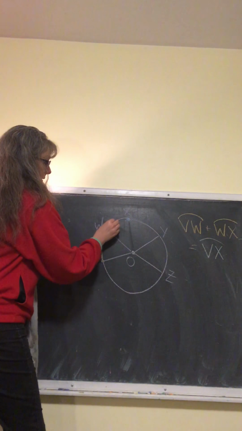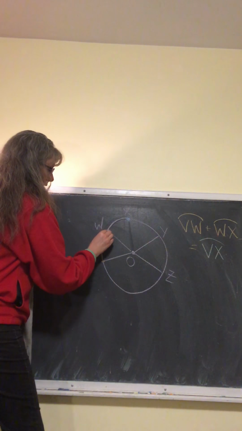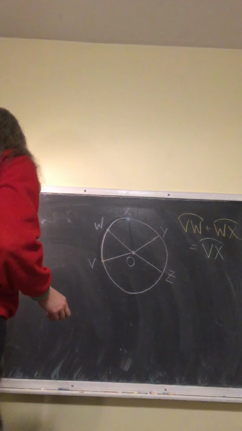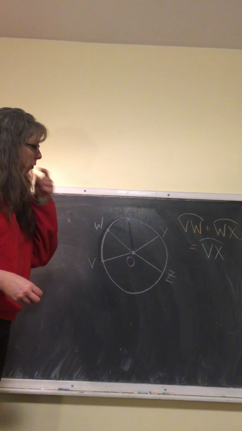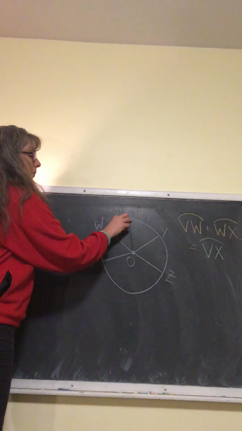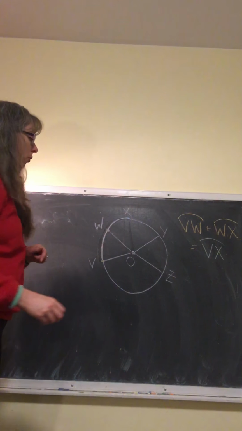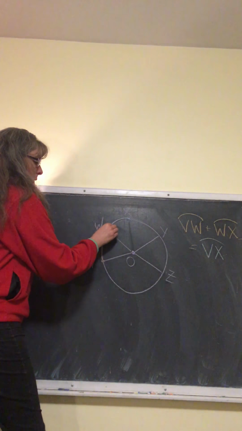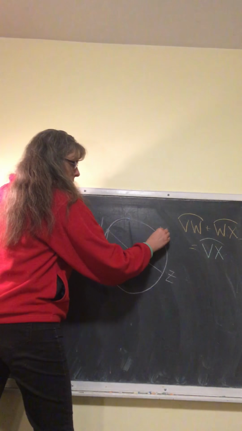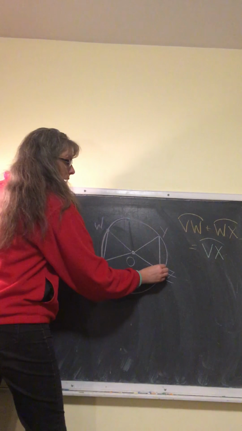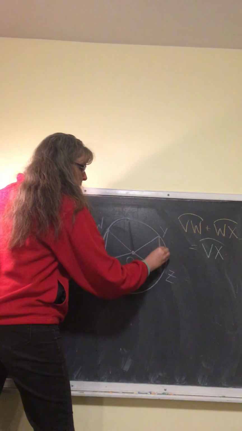It's a good one, but it's not applicable in geometry class. A chord is a segment whose endpoints are on the circle. So in this case, I'm going to say VW and YZ are chords of the circle.